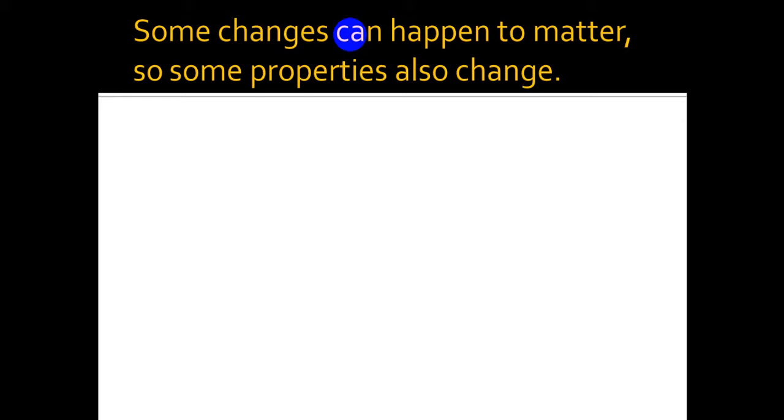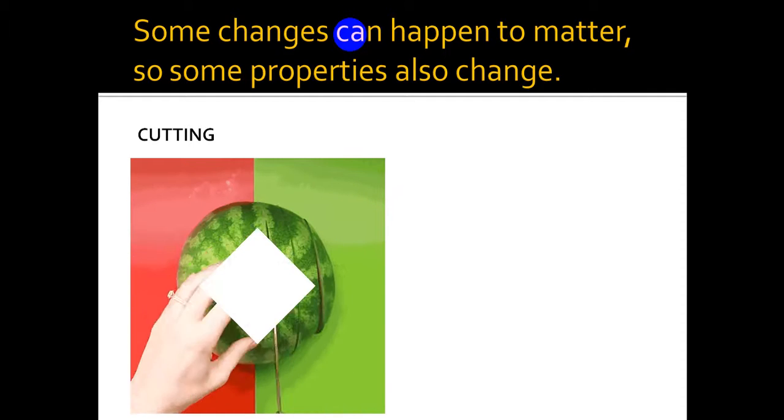Some changes can happen to matter, so some properties also change. When the change happens, some properties will change according to it. Like what? Like cutting. Cutting is a physical change. What happens when you cut something?